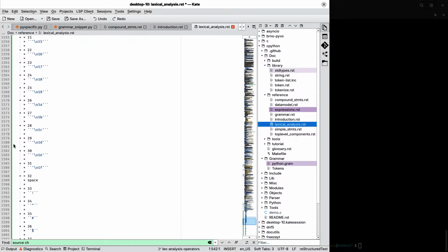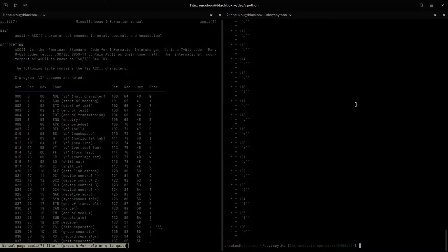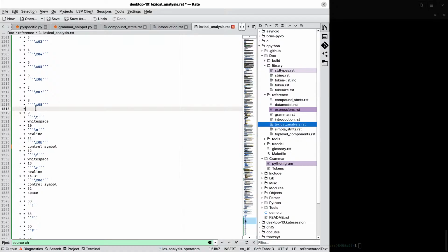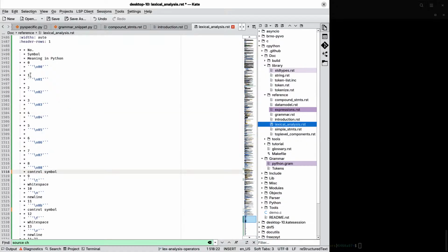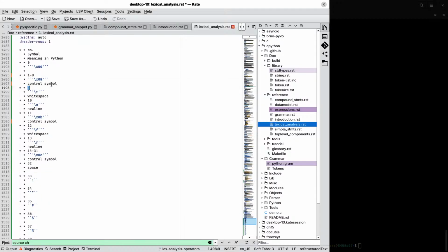I need to replace the button on my mouse. Okay. Number 11 is also a control character. Which one was that? That's the vertical tab. It's not control symbol, it's control character.